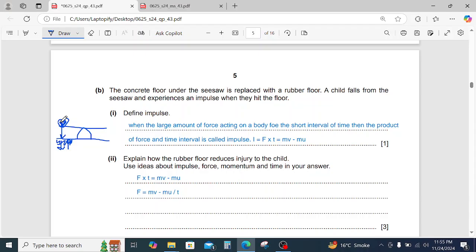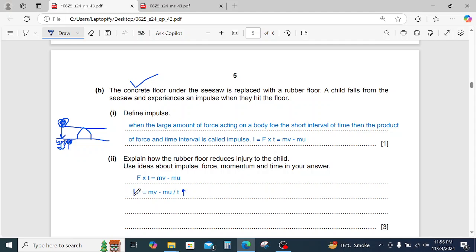One thing, but when the child falls on the floor, it is compressed and it takes more time as compared to the concrete floor to change the momentum of that child. That is why we can write here the time taken by the rubber floor to change the momentum of the child increases.